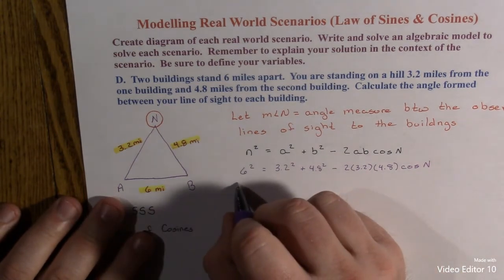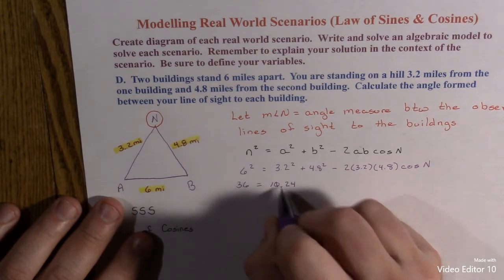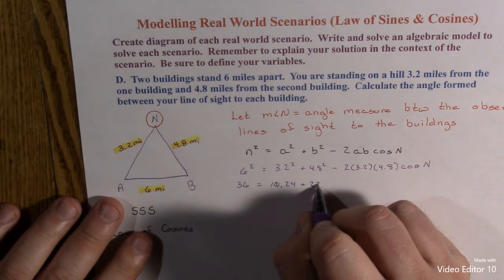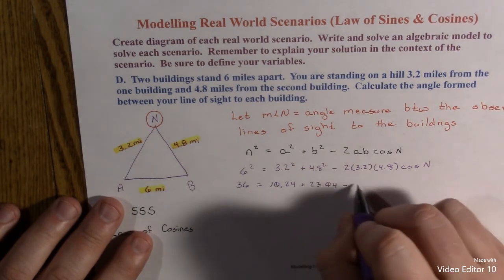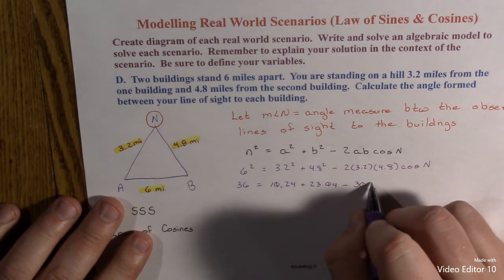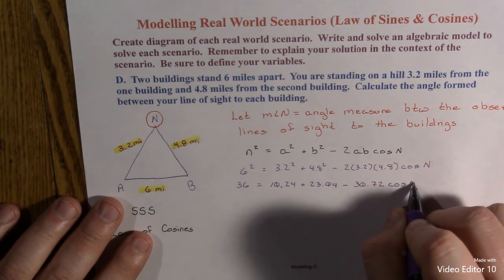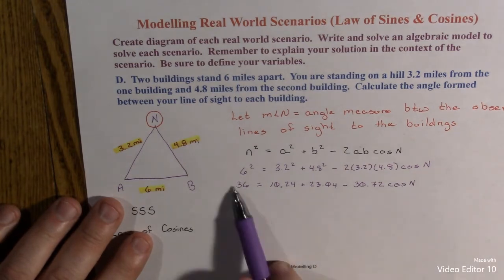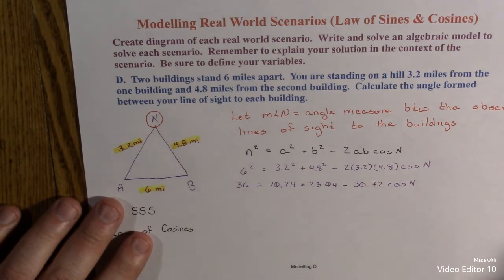Now, simplifying, we get 36 is equal to 10.24 plus 23.04 minus 30.72 cosine N. All we did here was simplify the three values that are squared and the product of the coefficients to the cosine.